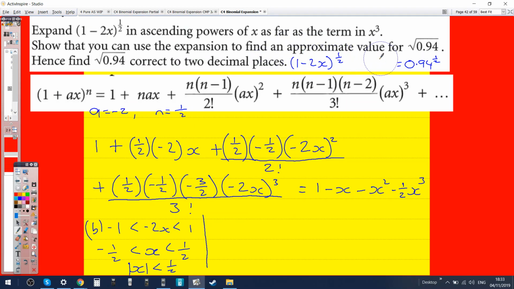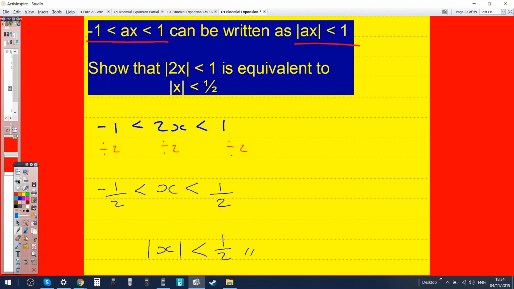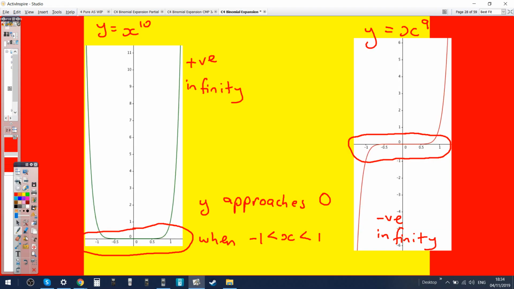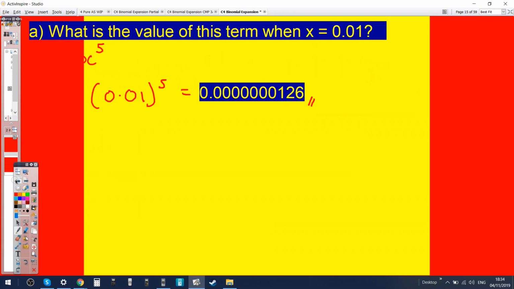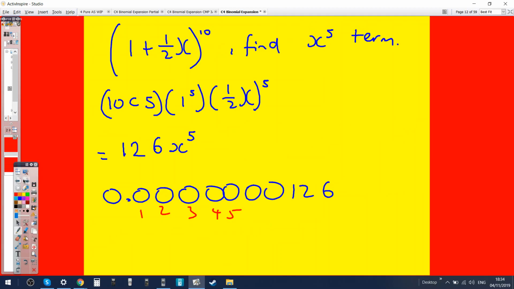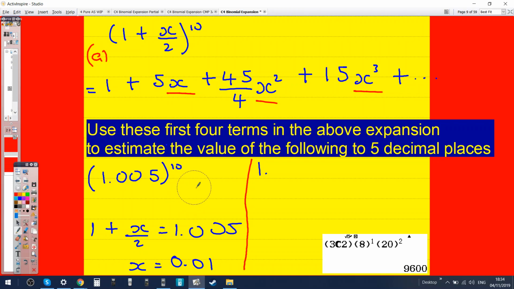Well, 1 minus 2x is equal to 0.94. Oh, so you do 1 plus. Oh, so this is what we did here when we had to find 1.005 to the 10, and we expanded 1 plus x over 2 to the 10.